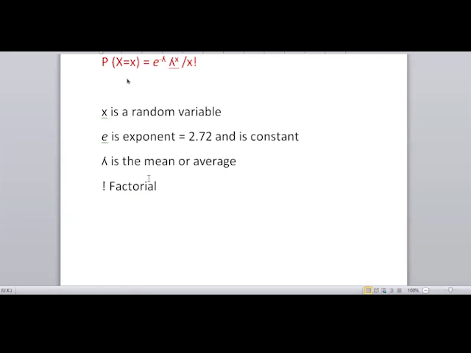So how do we find a factorial manually or on the calculator? Example, factorial example. Oh no, let me not start with factorial. Let me start with exponent. Are you able to see the calculator? Yes. Okay.